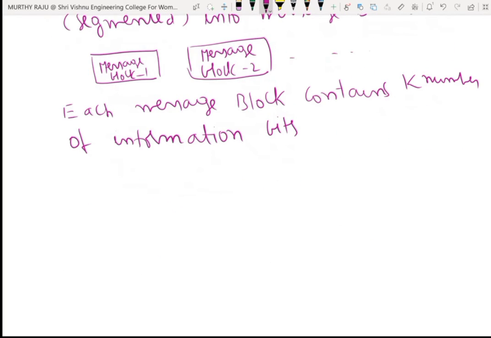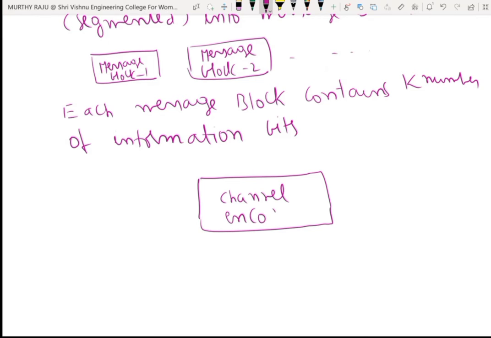Here, consider the channel encoder. The channel encoder input is the message bits, and the output is the encoded bits. Each message block contains k information bits.